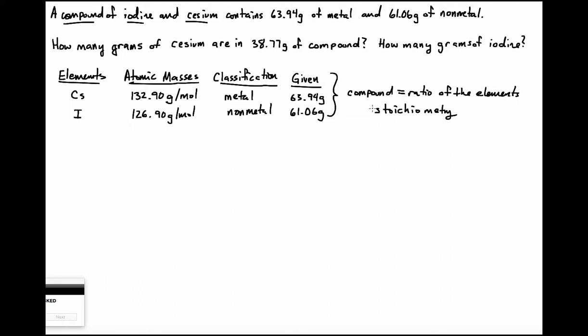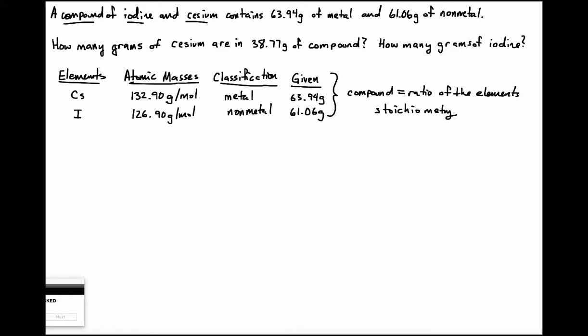So this is nothing terribly complex. If you think of a person, one person has 2 hands, so that's a ratio. If you think of a dozen eggs, 1 dozen equals 12, that's a ratio. So what we're doing in the first part of this problem is determining the ratio of cesium to iodine.